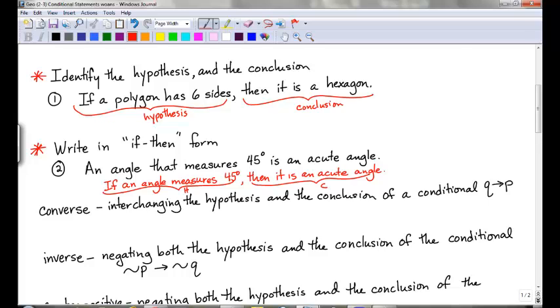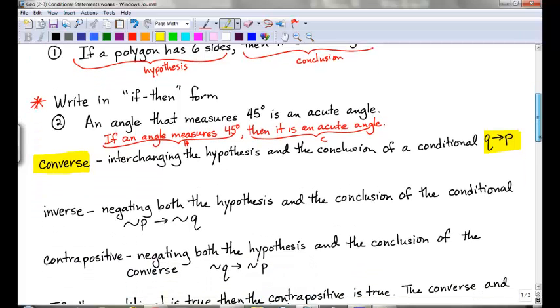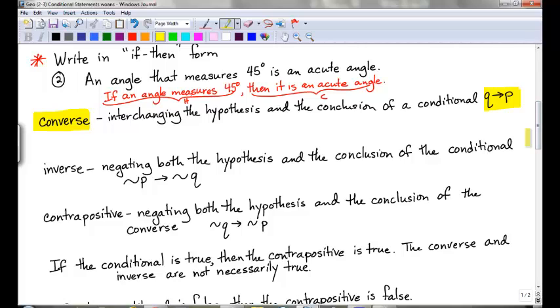Okay, there's a new term, converse, and I'm guessing that's new to all of you. The converse of a statement is you interchange the hypothesis and the conclusion. The symbols, it looks like this. If we started out with P implies Q, you're going to just turn them around and say Q implies P. That's called the converse of a statement. We're going to go through on this one.